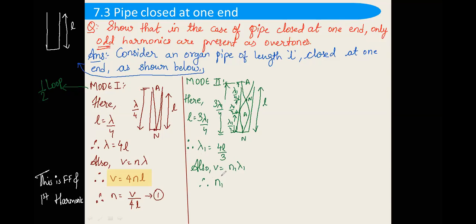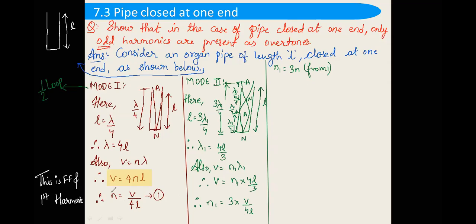We can write first the value of lambda 1. V is equal to n1 multiplied by 4L divided by 3. So we have n1 equal to 3 times V divided by 4L. If you observe, V divided by 4L is nothing but n. So n1 is equal to 3n. This is from equation 1. Now this is the first harmonic, but 2n we are not getting.